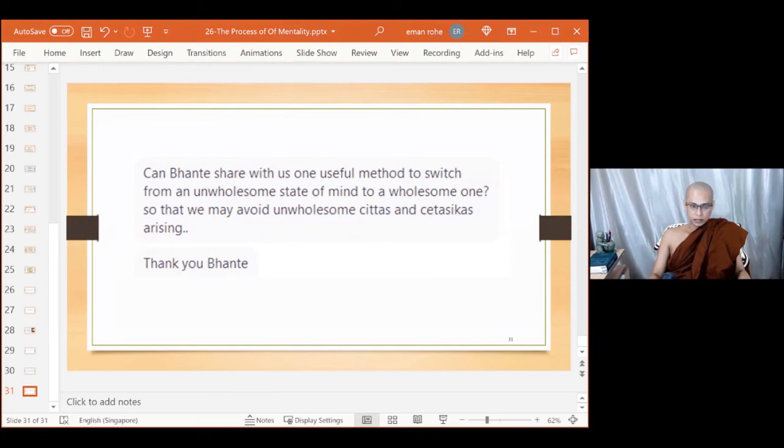First of all, we need to learn to make sure that unwholesome can bring bad result, wholesome can bring good result, and this understanding must be the underlying of our daily life. It must be the background.